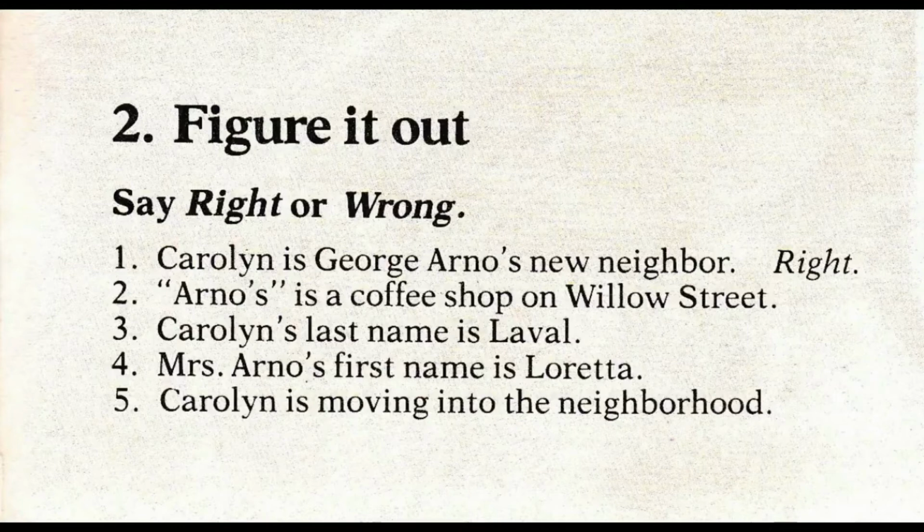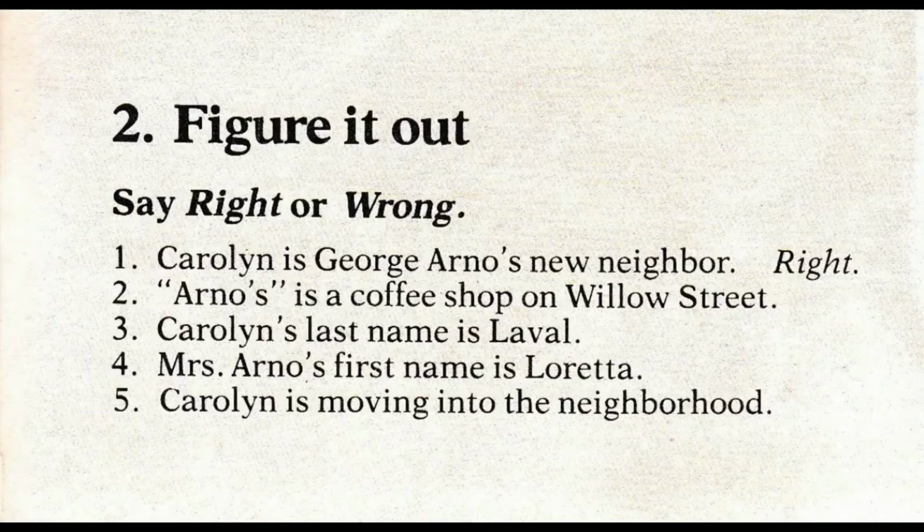Number 4, Mrs. Arno's first name is Loretta. Well, right or wrong? Yeah, that's right, because in the conversation we see George says, "Coming, Loretta," so her name is Loretta. Number 5, Carolyn is moving into the neighborhood.